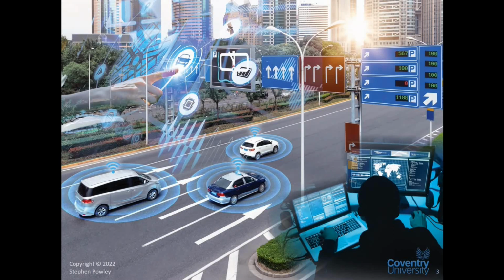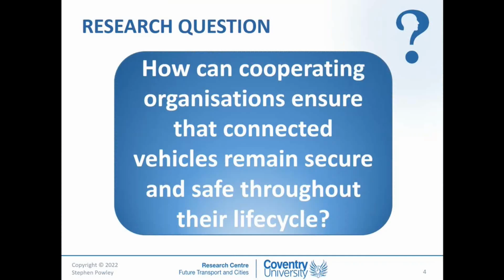But there are other aspects of cybersecurity that we're interested in, particularly in the standards context. We're interested in privacy, financial and operational losses as well. So my research question is, how can cooperating organizations ensure that vehicles remain safe and secure throughout their life cycle?